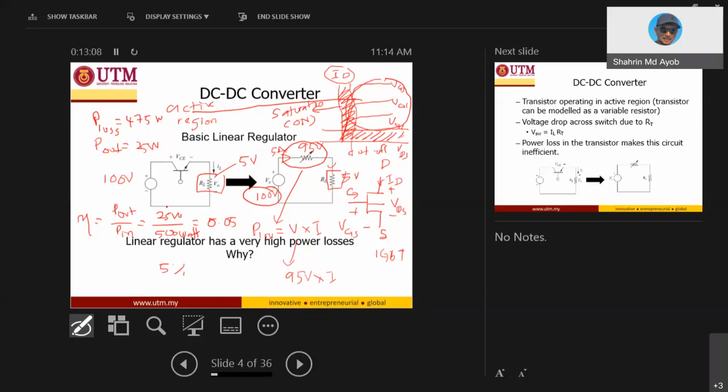So that is where the power electronics advantage is: we reduce the losses. By using these basic linear regulators, which are basic electronic circuits, you can see that the limitation is in terms of efficiency. It's not very efficient.